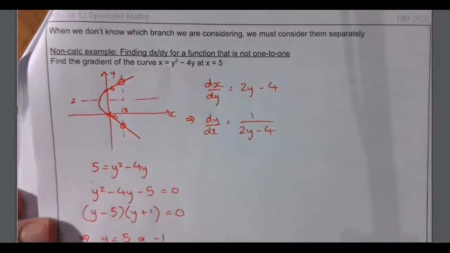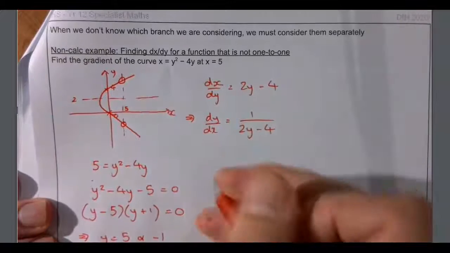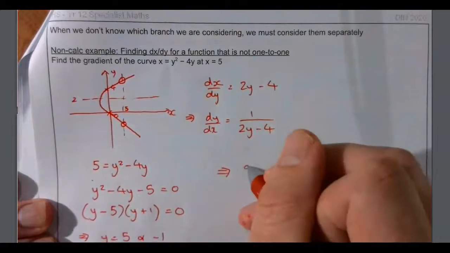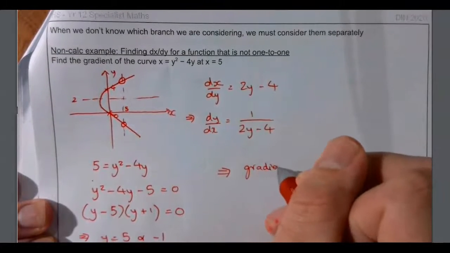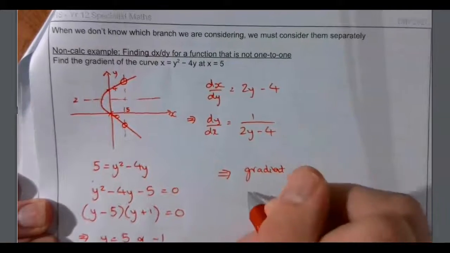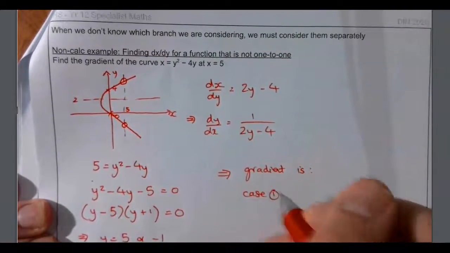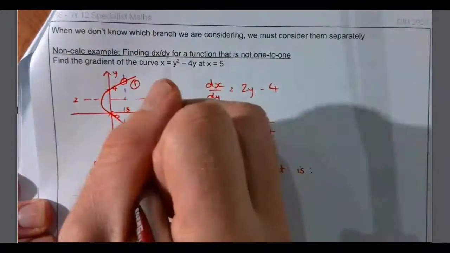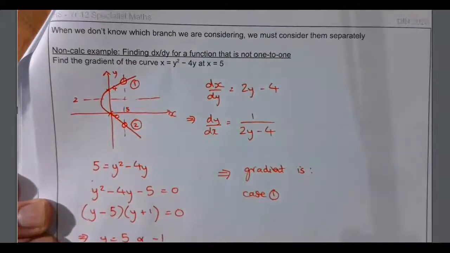So for y equals 5 or minus 1, those are going to be the 2 points we're looking at there. So therefore we're going to say the gradient is, in case 1, which is going to be the point up here, case 2 being the point down here.